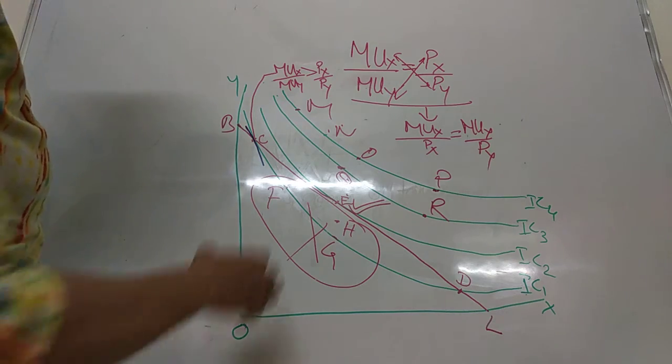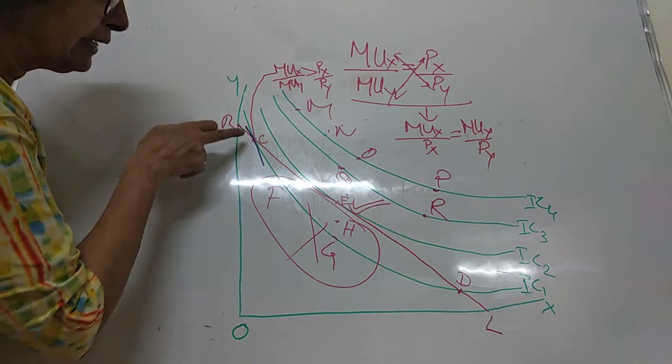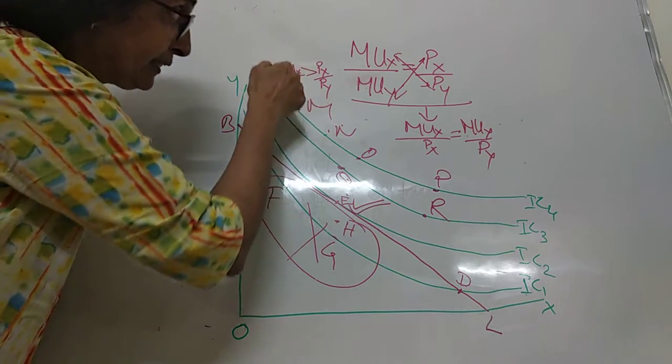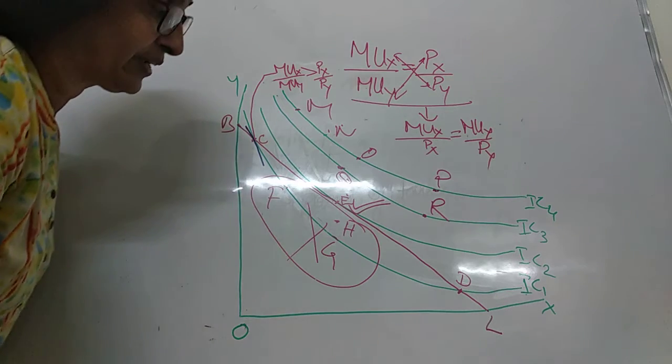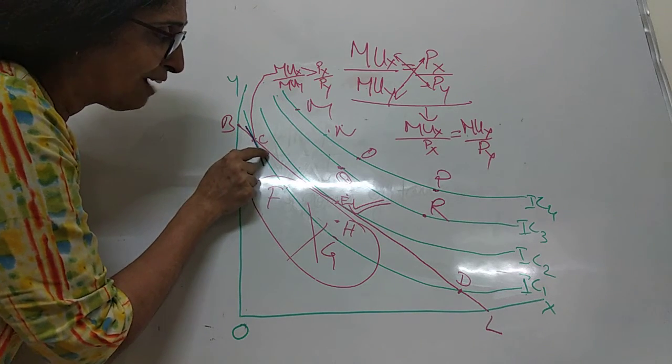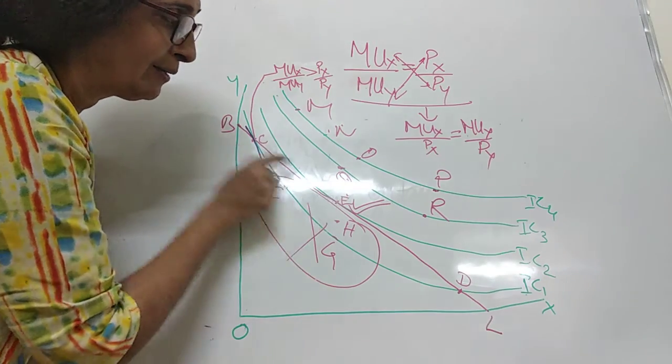So for this disequilibrium condition to go back to the equilibrium, the consumer will have to start moving down on the budget line.